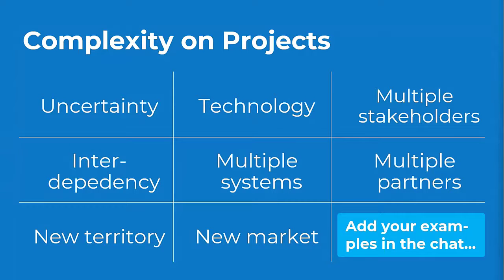There is a joke that says, only on a project with one stakeholder, yourself, will you not have any conflict or complexity. And so as soon as we have multiples, then that is it. We also have interdependencies on multiple systems. Then there are new territories, new markets, right? So that is all of that.